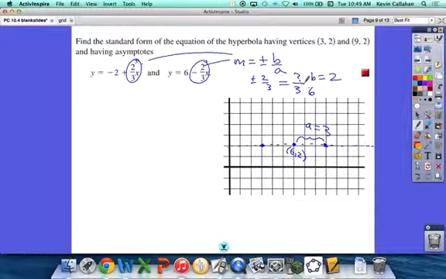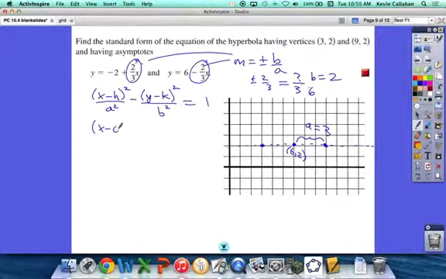So we know what our A is. We know what our B is. We know what the center is. That's all you need to write the equation, right? It's horizontal, so we need this one: x minus h squared over a squared minus y minus k squared over b squared equals 1. So we can just fill in 6, 2. So that's x minus 6 squared.